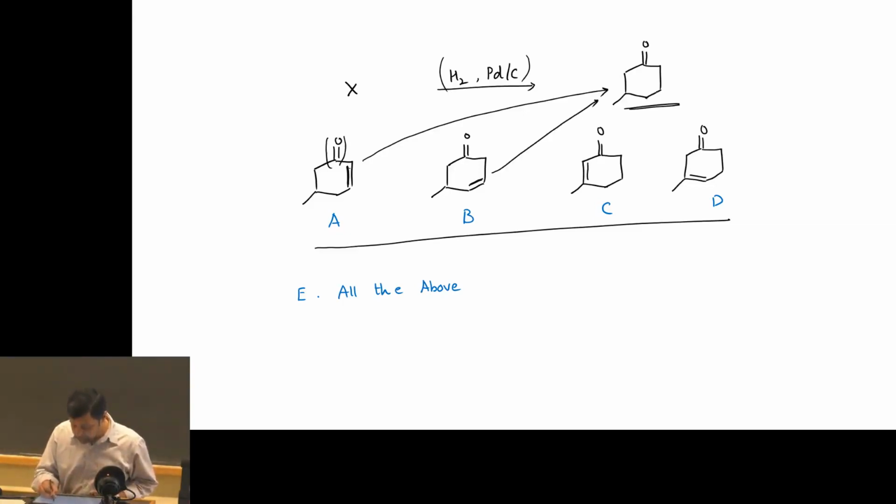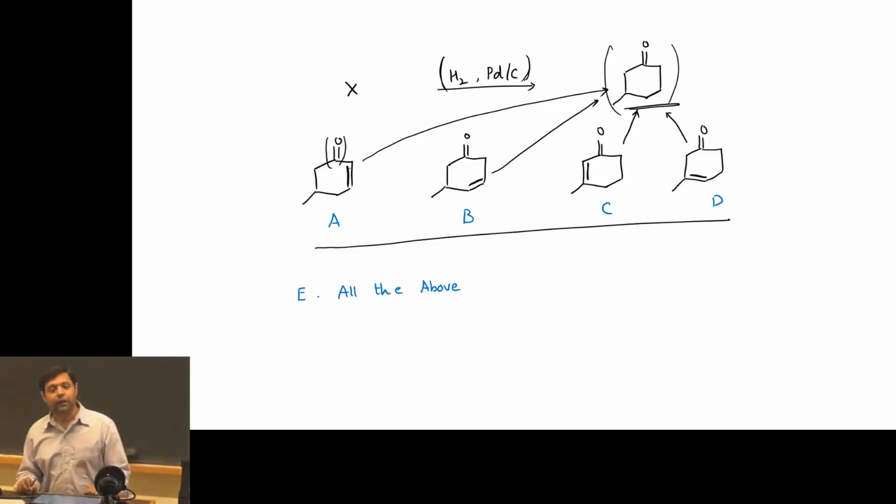This double bond will get reduced to single bond. C will also give this product. D will also give this product. Right? So all reactants A, B, C, D will give this product upon reduction. All right. So the answer to this question is all the above.